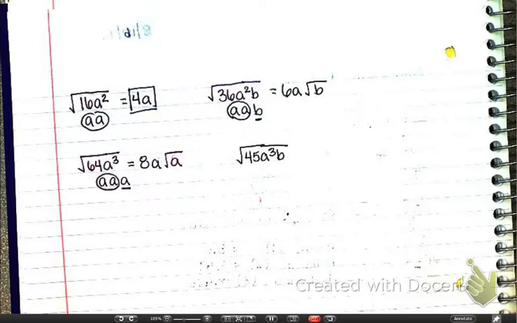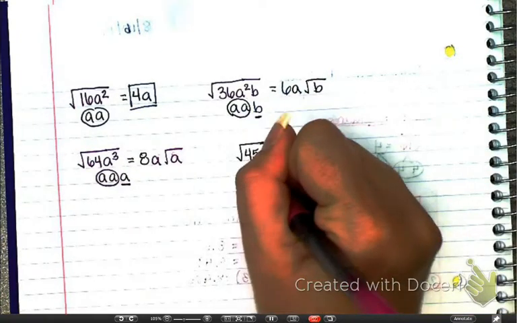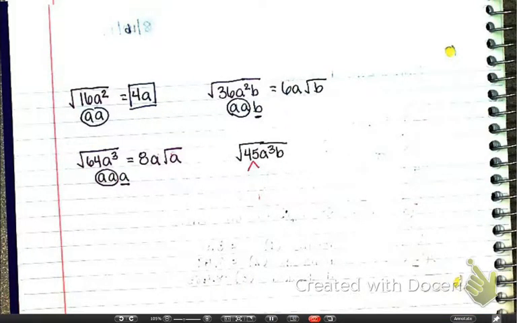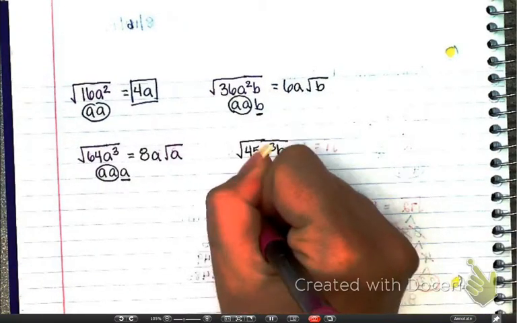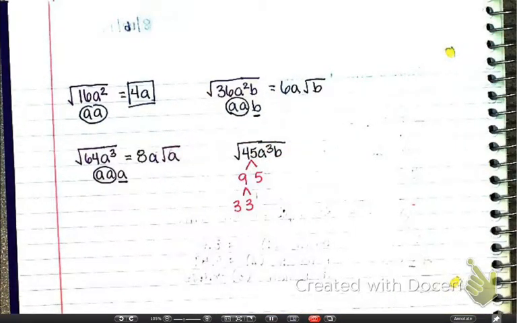I'll do this one with you and then I'll give you one to try. So if I'm dealing with the 45, is 45 a perfect square? No, so I'm going to break it down, right? Give me two numbers that multiply to 45. 9 and 5. I don't see any pairs, so I'm going to keep going to 3 and 3. Do you see a pair now?